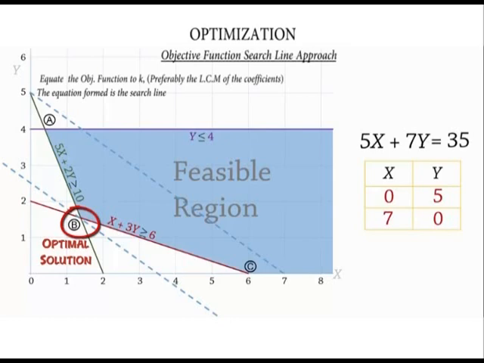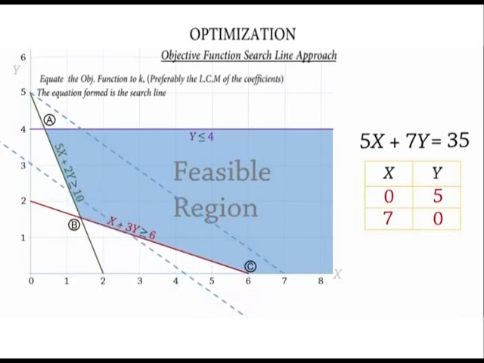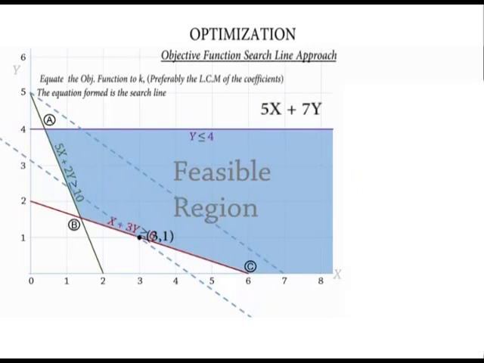What we do is take the last point with whole number coordinates that the search line touched. If you take the line backwards, that point will be 3, 1. To get the optimal function value, we substitute the coordinates of this point into the objective function 5x plus 7y. So we shall have 5 times 3 plus 7 times 1, giving us 22.